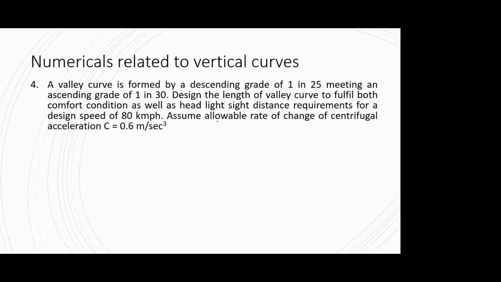And last numerical for today, we will consider a valley curve. So a valley curve is formed by a descending gradient of 1 in 25 meeting an ascending gradient of 1 in 30. Now we have to design a valley curve for this situation.